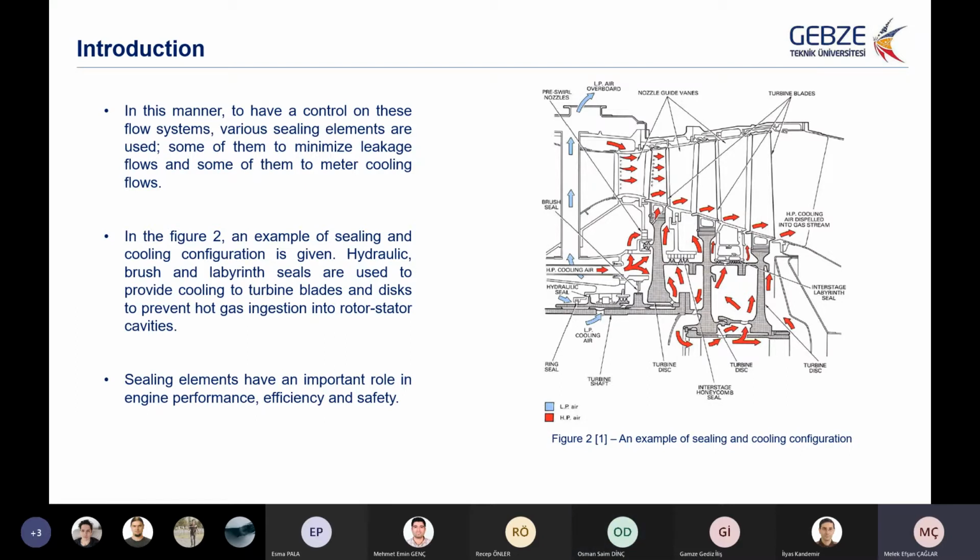As you can see in the figure, there are various types of sealing elements throughout the engine, and they provide sealing at different spots. All of these aforementioned tasks show us that sealing elements have an important role in engine performance, efficiency, and safety.